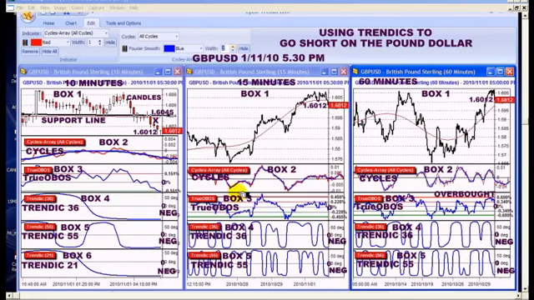If we look at the overbought oversold indicator in box 3 here in the 15-minute, it's at the 0 level. And if we look at the overbought oversold indicator in the 60-minute period, it is coming down from an overbought area, which is confirmation that the direction of the pound dollar is downwards. So everything is in order for the trader to go short.